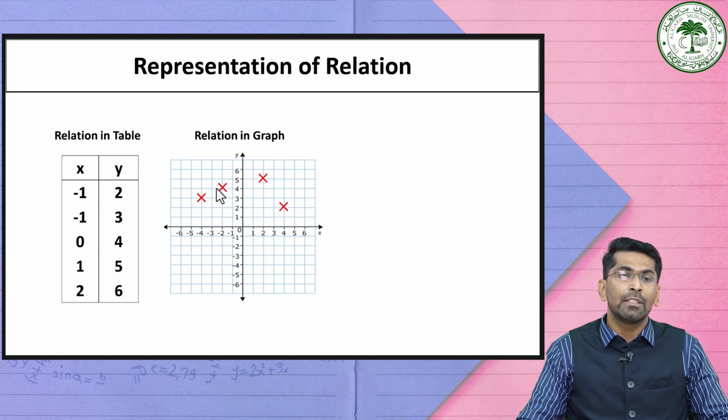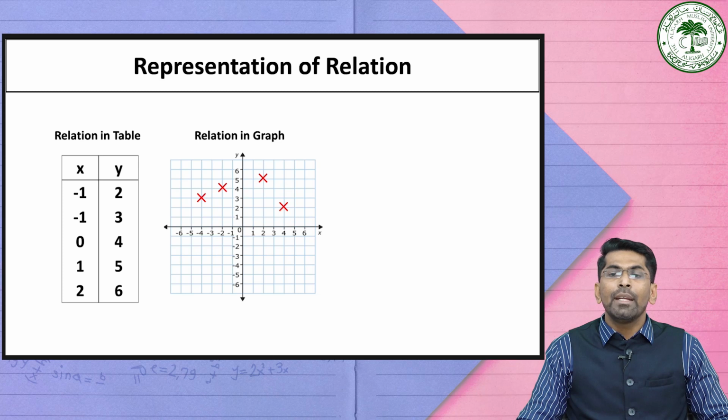At this particular point, the x coordinate is 4 and the y coordinate is 2, so (4,2) is a particular pair. At another point we have the pair (2,5). Similarly, at this point we have x equal to -4 and y equal to 3, so it is (-4,3). In a similar way we can show the remaining points.